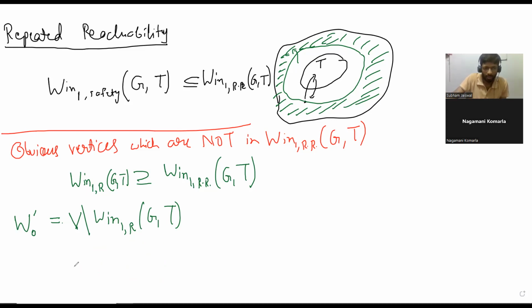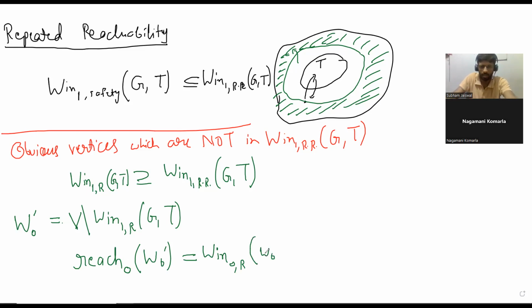So now we play the reachability game, or okay, let me write this. We have usually used this notation for this. This is winning for player 0. Player 0 wants to reach there for reachability, and the target set is W naught prime.